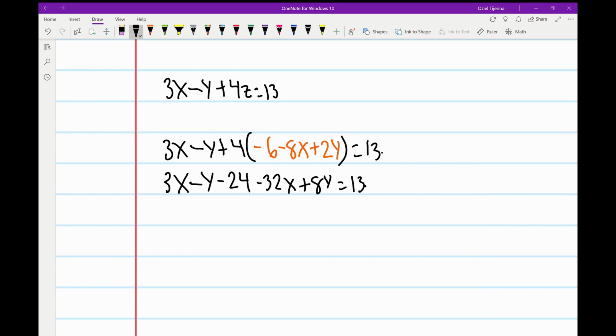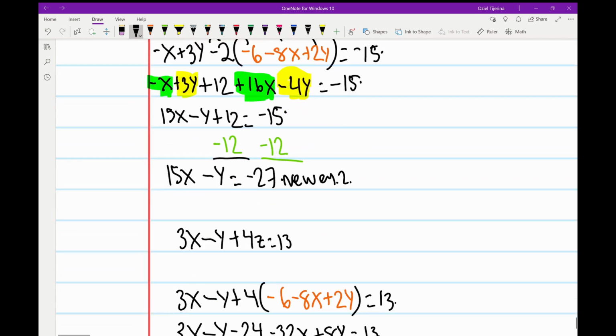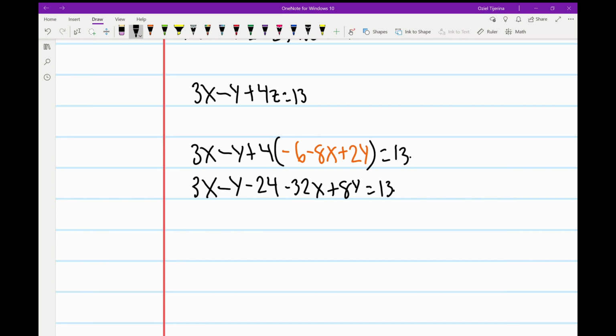And then from there, you want to go ahead and do the same thing you did on the second one, which is this one. You want to combine your like terms. So here, a 3x, a negative 32x, a negative y, and an 8y.